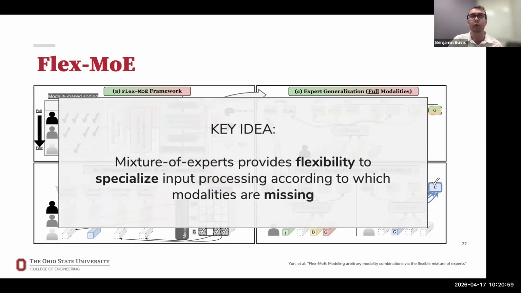Although it works pretty well in cases where we have occasional missingness of modalities, say if we have 4 modalities at most, when there's 3 modalities available, it handles that case of missingness decently. However, in the case where we have extremely limited modality availability, just 1 or 2 available, the performance degradation is still quite severe.